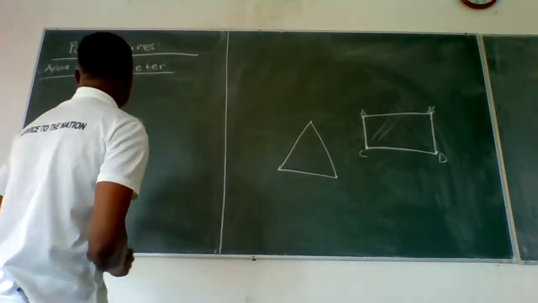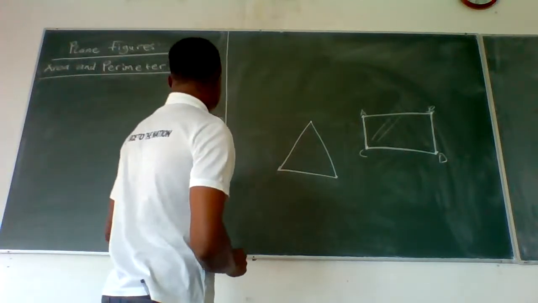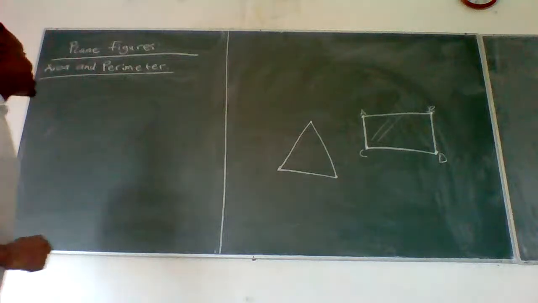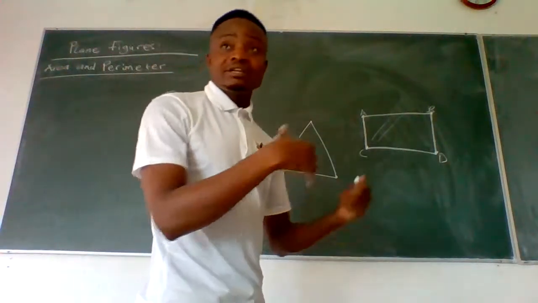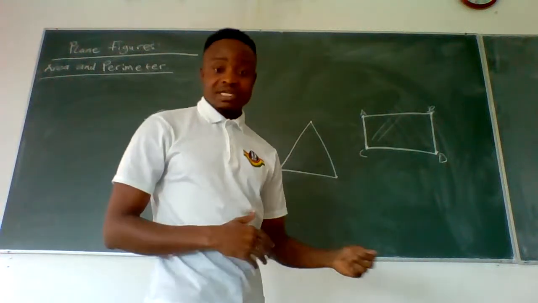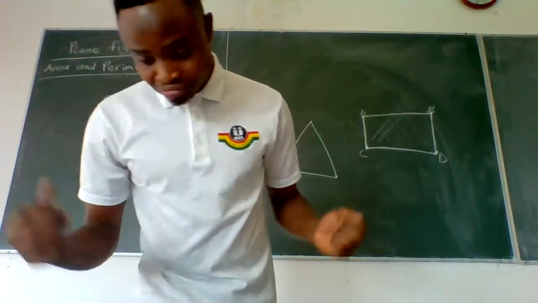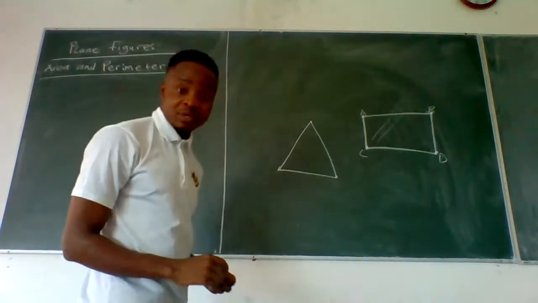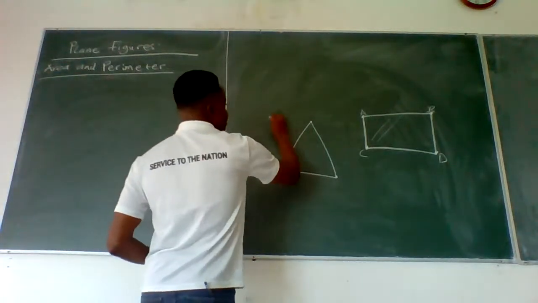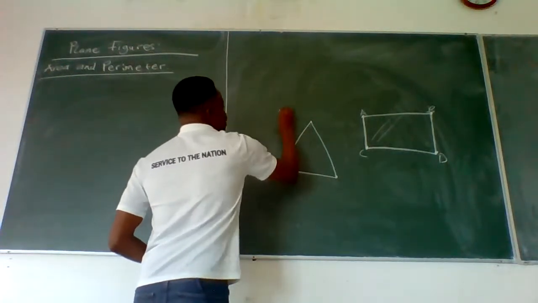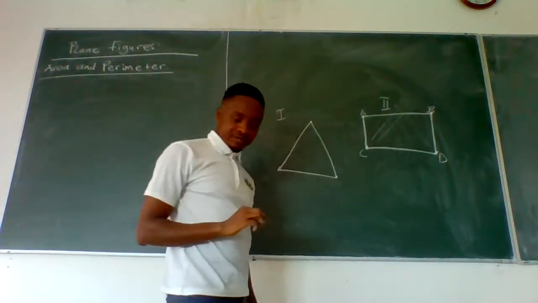Okay, so now let's look at some of the properties of a plane figure by finding the perimeter and the area. I will just give a brief of what a perimeter is and what an area is, and then we look at one or two examples and solve some BECE questions. So let's say this one is our first plane figure, this is our second plane figure.